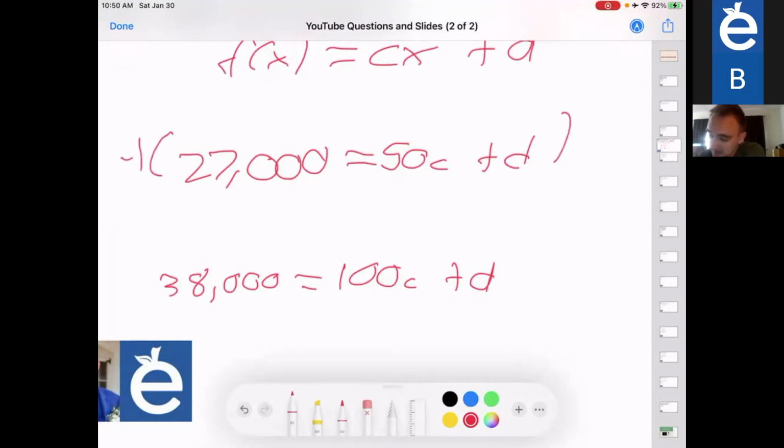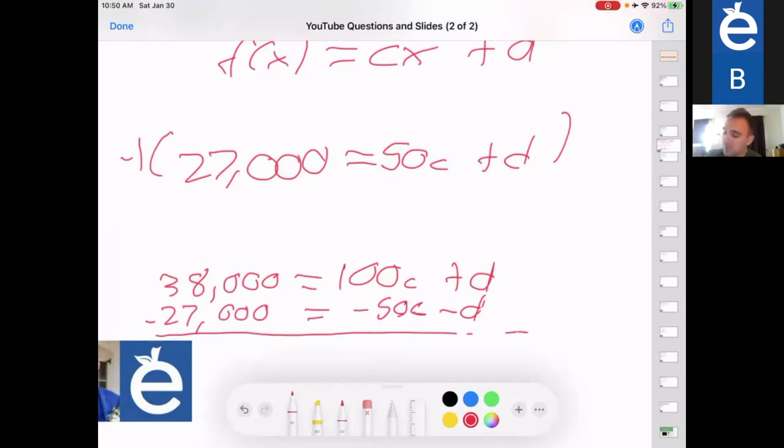So if I get that, I get negative 27,000 is equal to negative 50c minus d. And if I do the math there, I get 11,000 over here is equal to 50c.